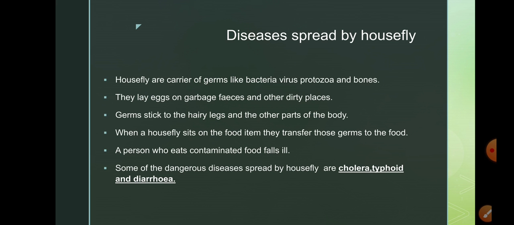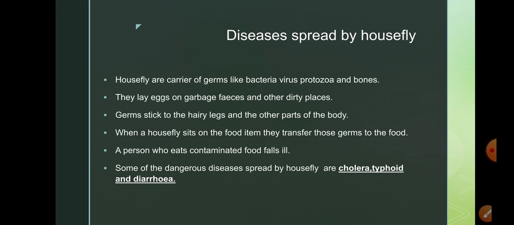Next in this category are the diseases spread by houseflies. So, as mosquito being an insect spreads diseases like malaria and dengue, similarly, housefly also spreads a number of diseases. The difference being that the mosquito bites a person, but houseflies do not bite the person. So what they do, they are just the carrier of bacteria, virus, protozoa, and worms.